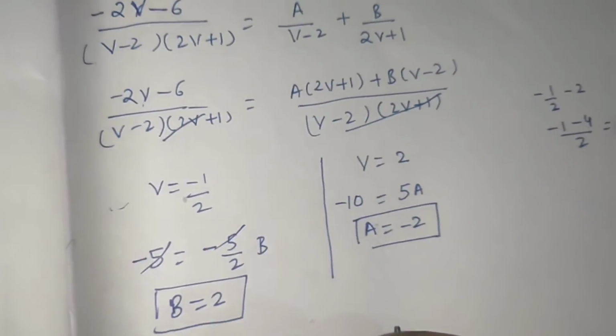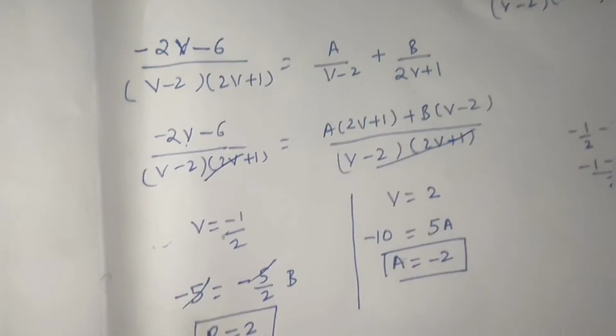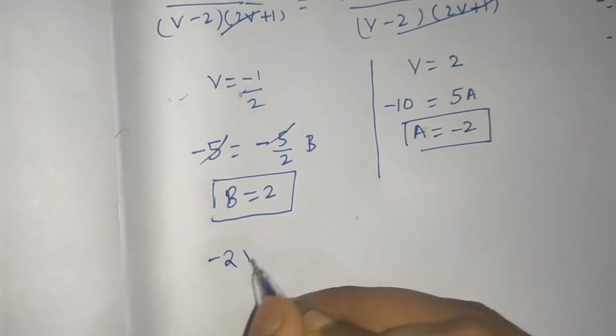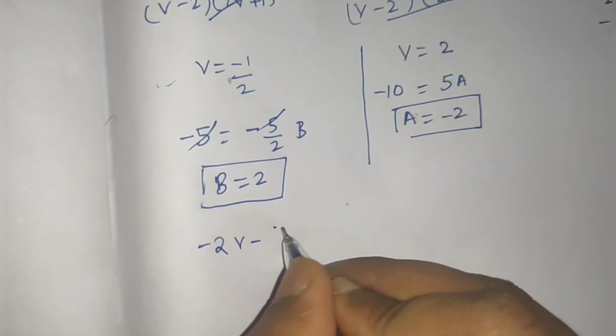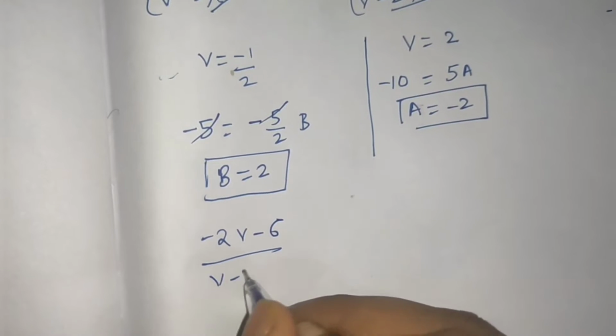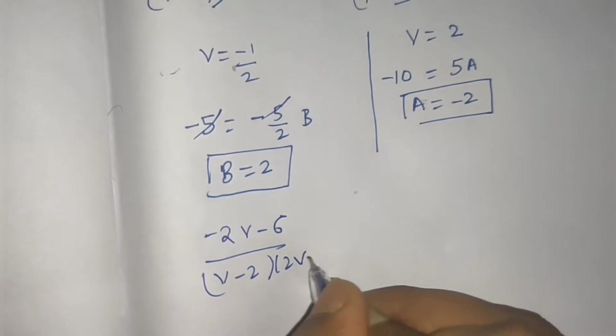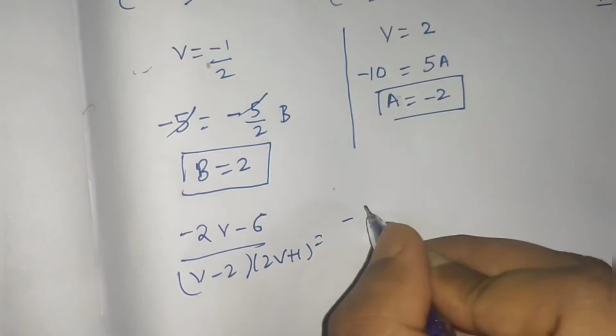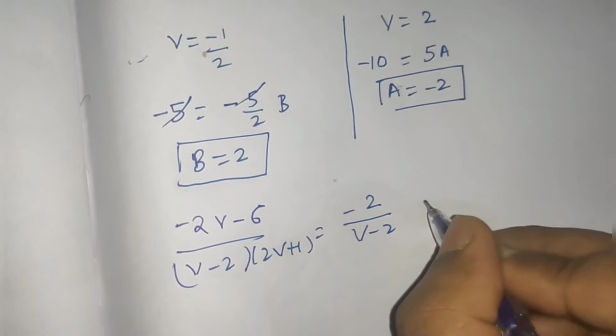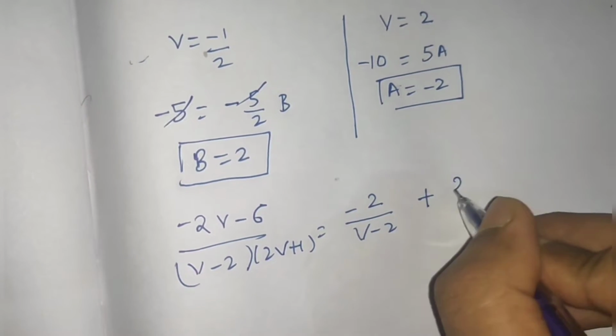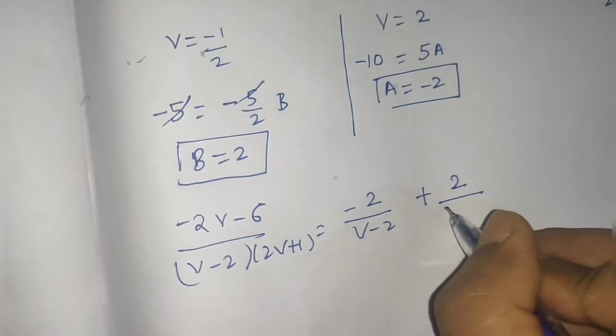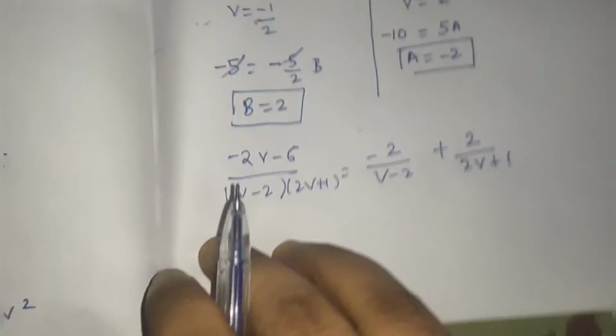So a equals minus 2, b equals 2. So I can write (minus 2v minus 6) divided by (v minus 2)(2v plus 1) as a divided by (v minus 2) plus b divided by (2v plus 1), which is 2 divided by (2v plus 1).